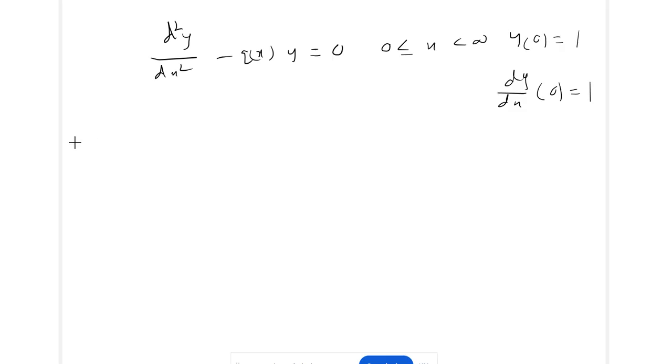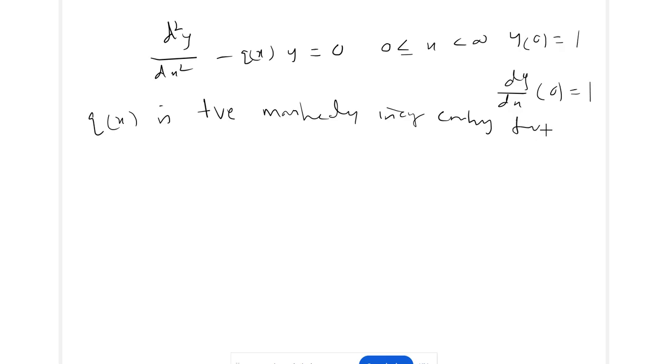Here q of x is a positive, monotonically increasing continuous function.